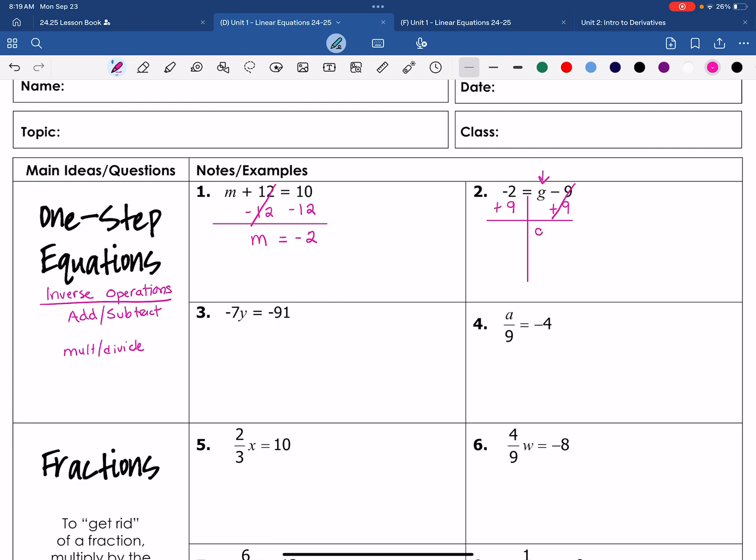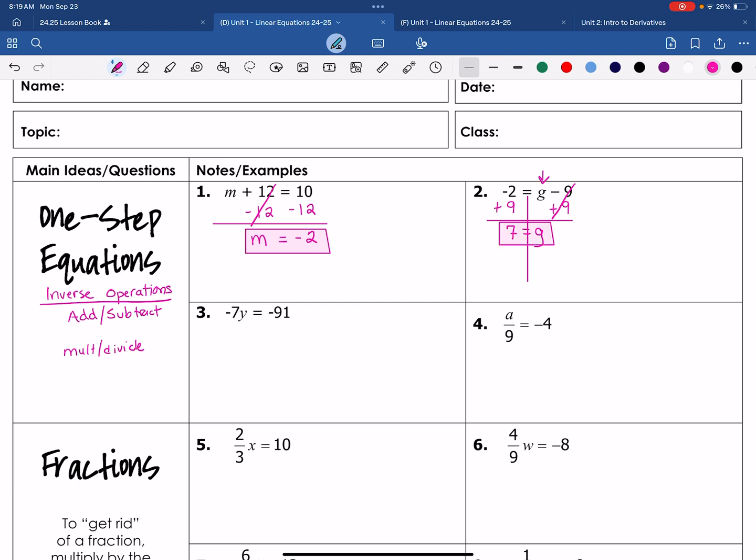I'm just left with a g. Negative 2 plus 9, they're different signs, so I subtract 2, or 9 take away 2 is 7. I have more positive, so I get g equals 7. And I always like to put a little box around my answer. All right, so those were that add and subtract examples.